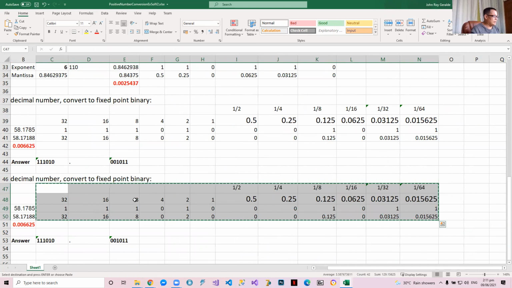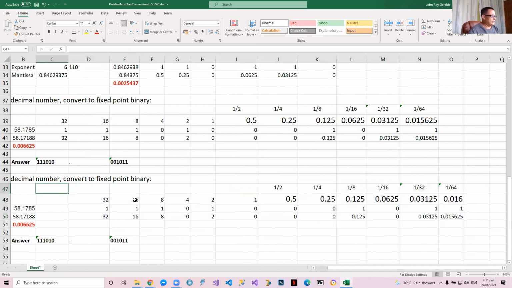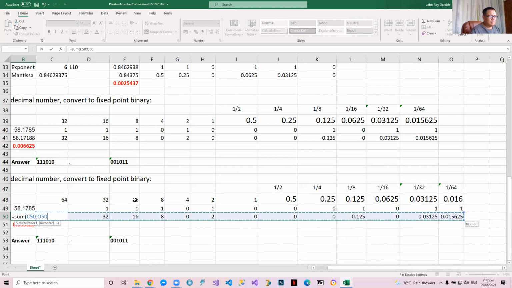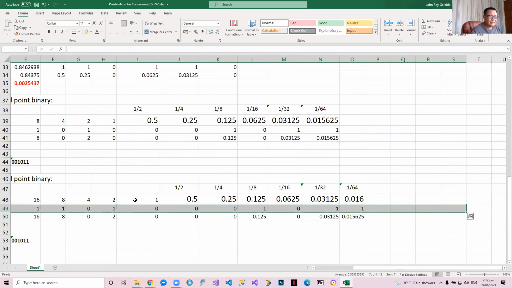Okay. Control X. Okay. We need a 64 here. So we'll copy this. Then we'll have to change the sum again. We follow? And then we'll have to delete the previous answer. Just a copy and paste.